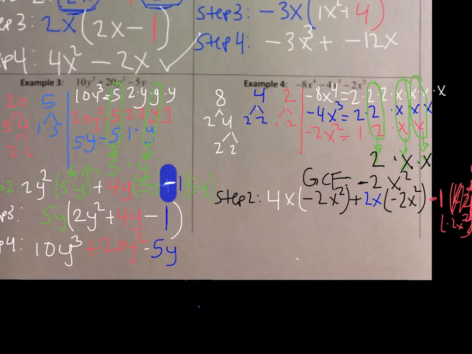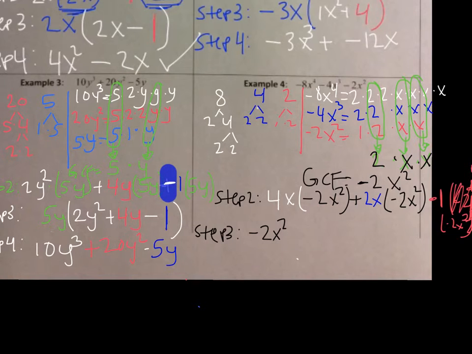Alright, so step number 3. We're going to use the distributive property to factor out our greatest common factor. Our greatest common factor here in each term is negative 2x squared. So I'm going to factor that out. Negative 2x squared.